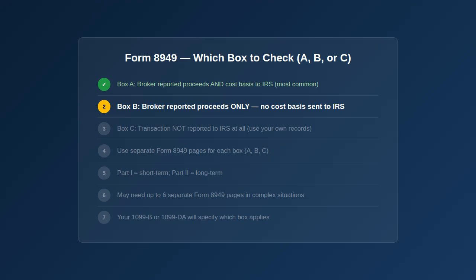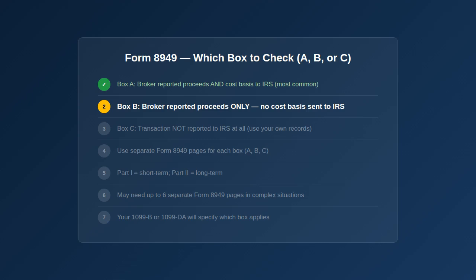The first thing you'll notice on Form 8949 is the checkbox at the top of each part, box A, B, or C. These tell the IRS whether your broker reported the cost basis to them or not. Box A is for transactions where your broker sent the IRS a 1099-B or 1099-DA with cost basis reported. This is the most common situation for stocks bought after 2011.